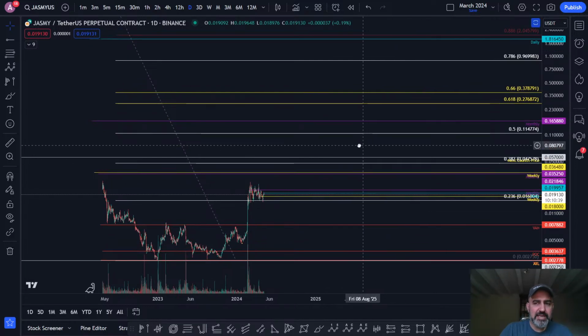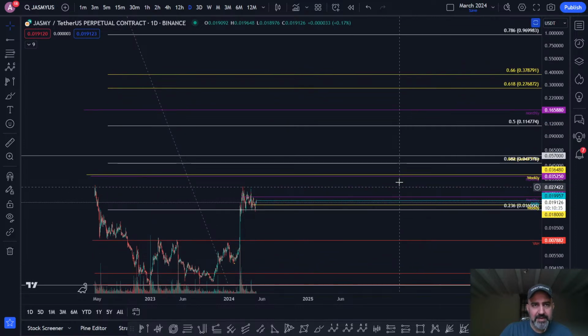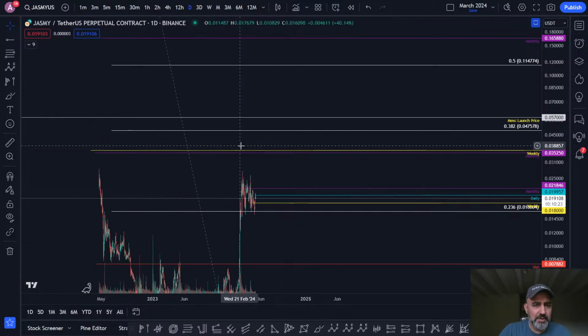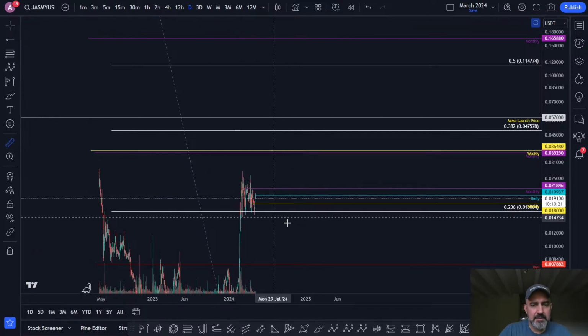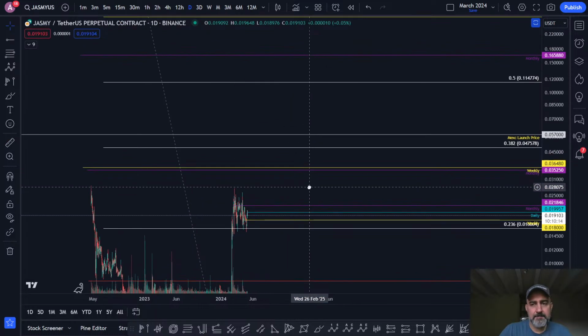Okay, so without me really going into detail, even though I already have, I think you've got pretty strong resistance at about 0.035 to 0.036, this weekly and monthly level. That's slightly above us, about 89% above the current price.